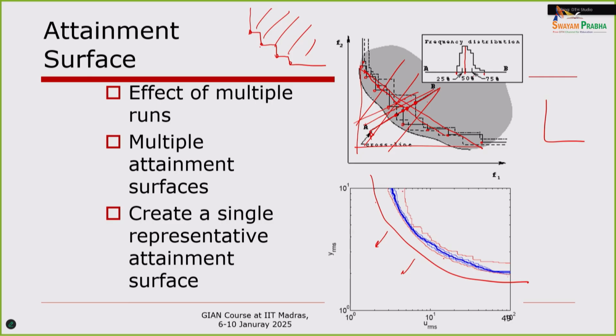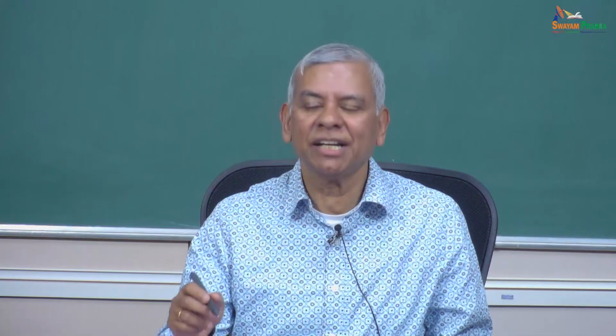Okay, and the top one is the 100th percentile, saying every time I was better than that line. If you are really pessimistic, you show the 100% saying I am always better than this line. I have never got any point here. And 50% of the time I am here, 25, 75. Usually we show these three, 0, 50 and 100.